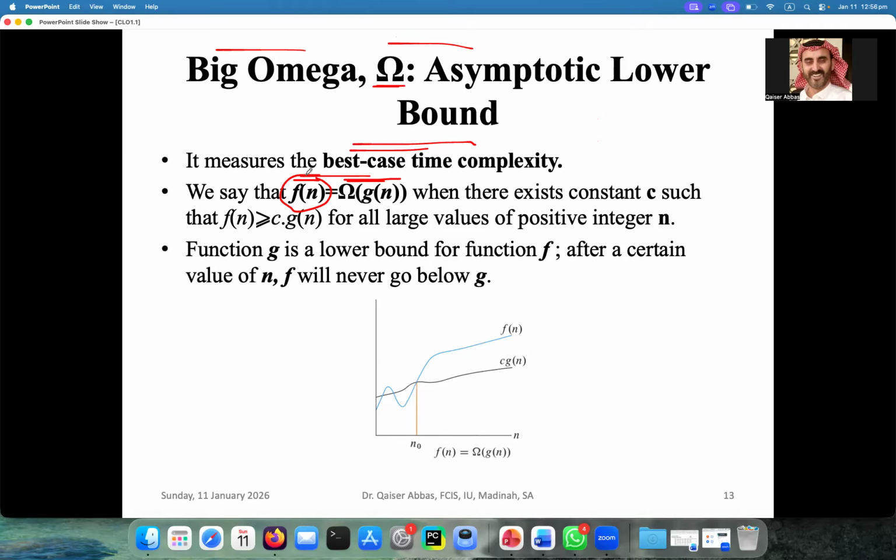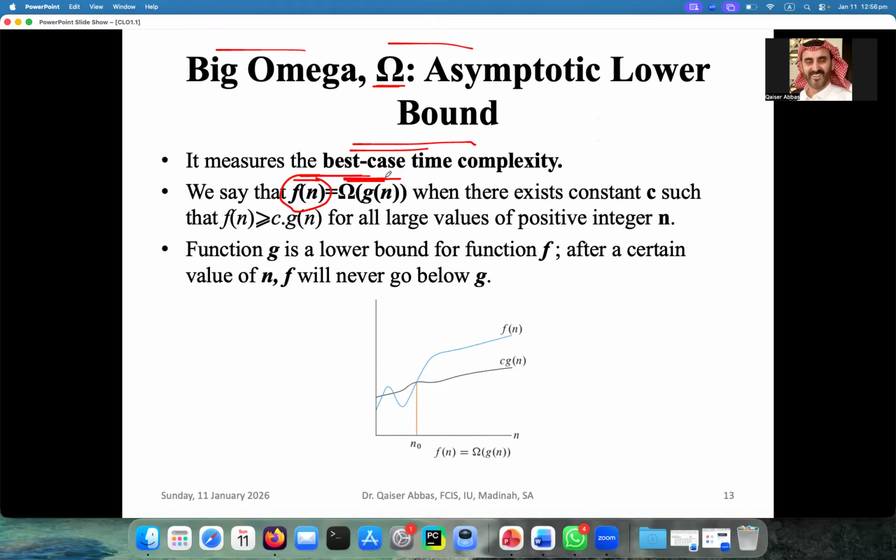This is the way. If I write f of n equal to omega g of n, mathematicians will understand what this is. So being algorithm students, we understand that f of n, which is the running time of our algorithm, is omega g of n. This is what we want to say.